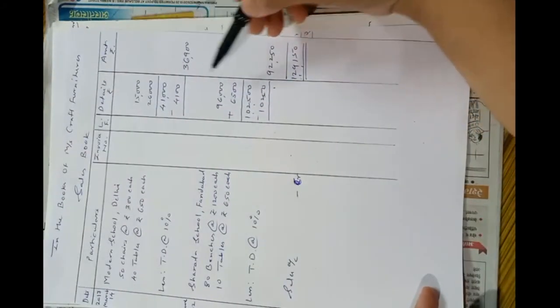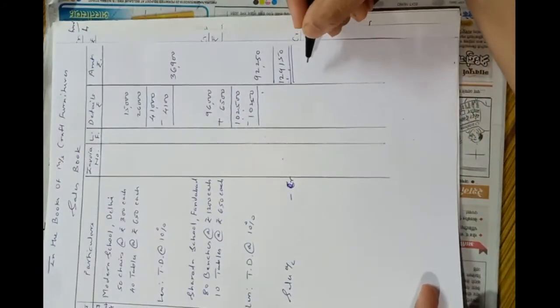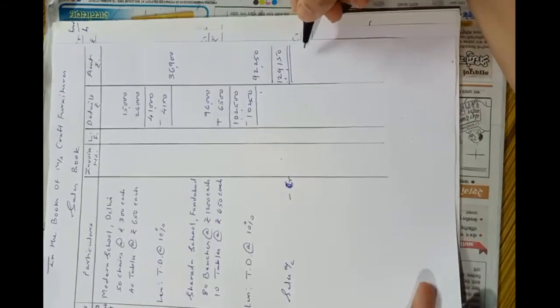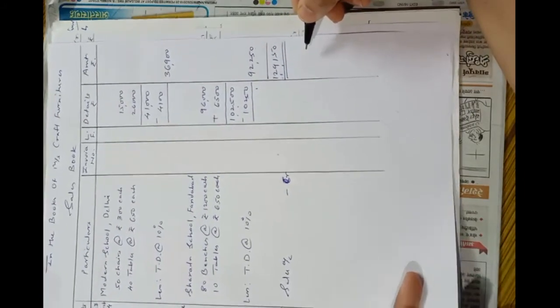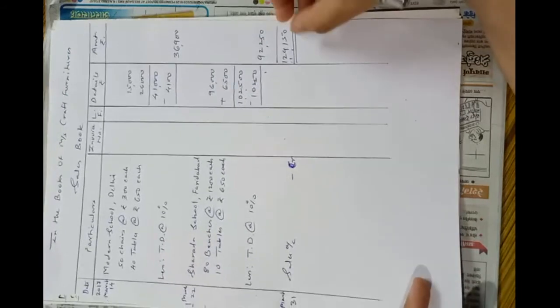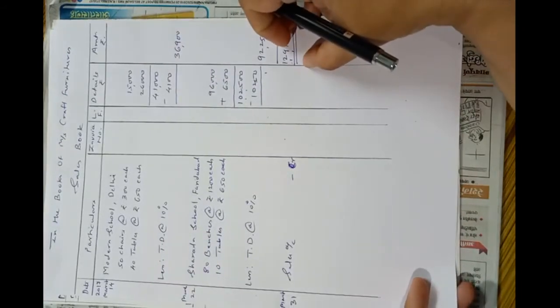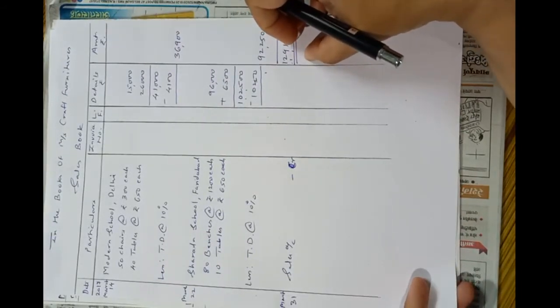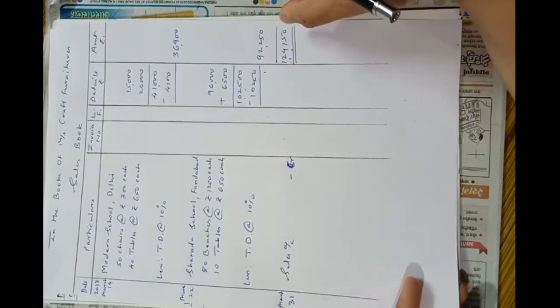See here, total sales is 1,29,150. So the entry of total sales will be sundries as per sales book account debit to sales account.